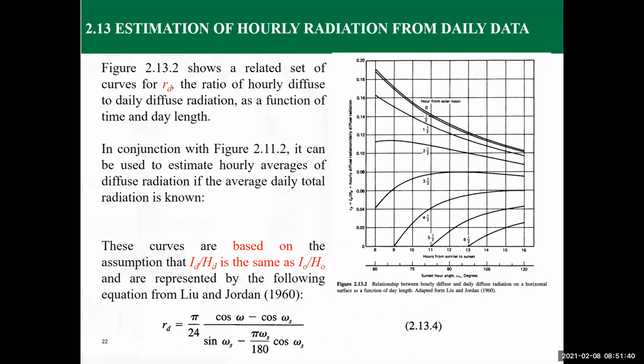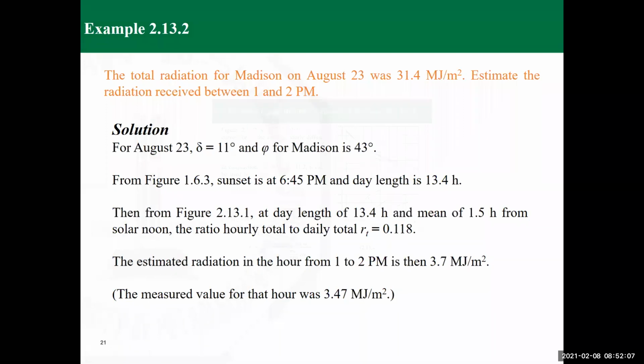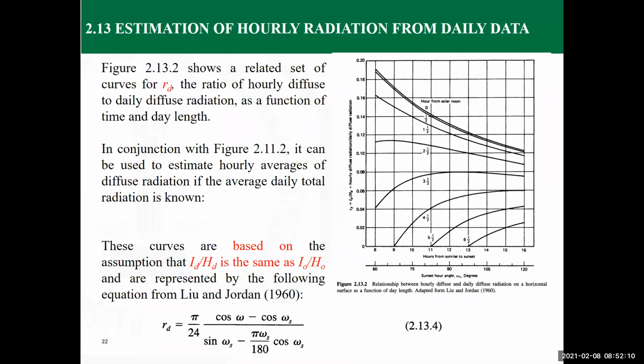Now, what we did so far was looking at the RT, and the subscript T in what we have done earlier refers to the total radiation. What if we need the components? Looking at, for example, the diffuse component or beam component of the radiation. For such a case, this has also been considered, and you can see a figure here, and the y-axis of the figure is basically R sub D, which is ID over HD.